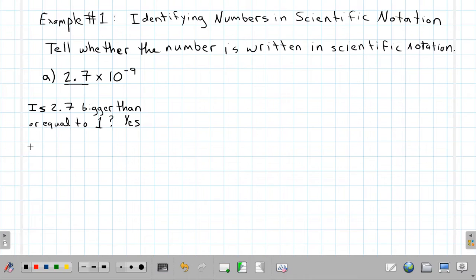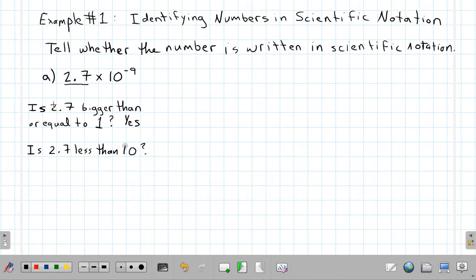The next question we need to ask is, is 2.7 less than 10? I wrote the word out there, but no harm in using the number. So is it bigger than 10 or less than 10? Once again, same type of thing.